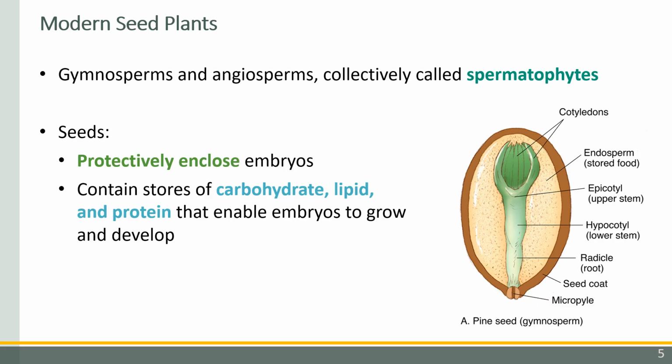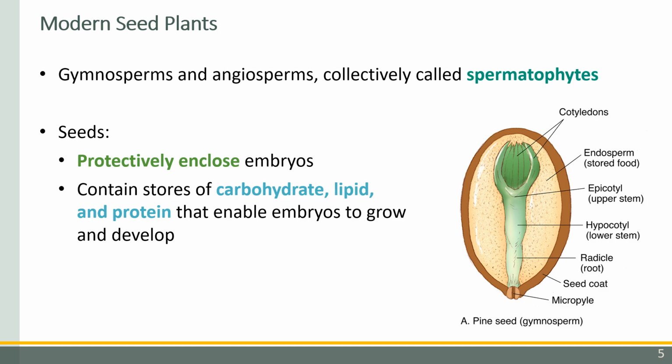Very much like an egg, a seed contains energy. So inside an egg, think of a chicken egg, you have the proteins and the carbohydrates and the lipids that are going to feed that baby chicken. Well, a seed is essentially the same thing. It has a storage area for carbohydrates, lipids, and proteins.